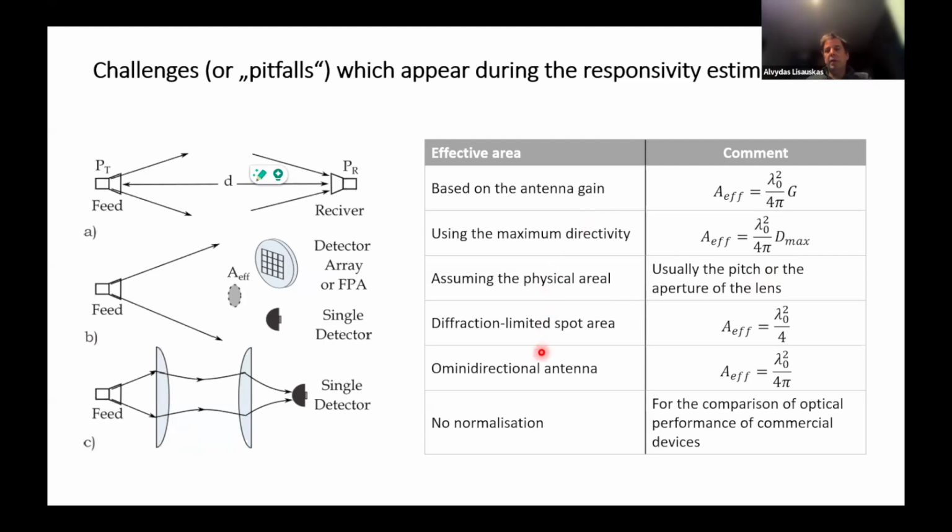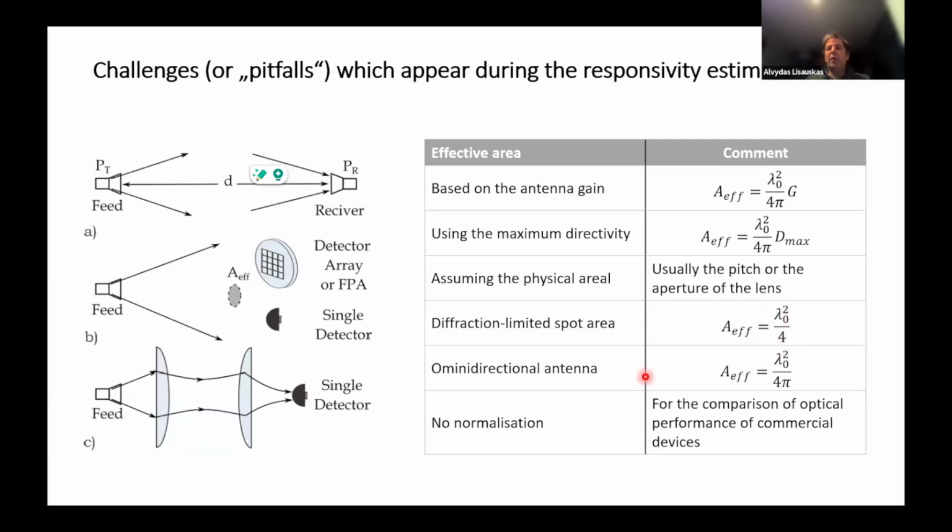One of the very big misconceptions, which actually lives until now, is using the diffraction-limited spot area. It has nothing to do with it, but somehow physicists like it so much that they applied the formula to characterize the effective area of your device by lambda squared over 4.